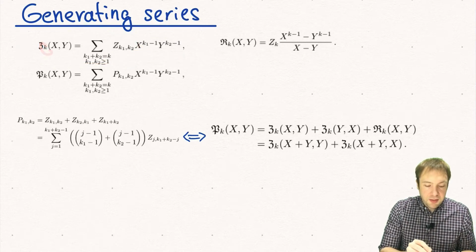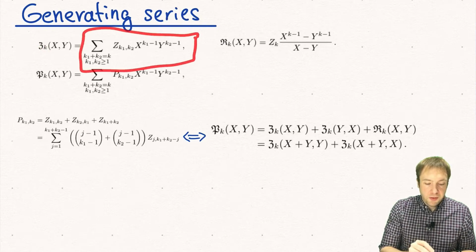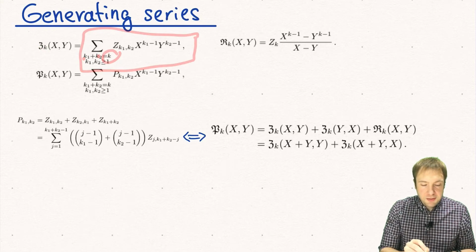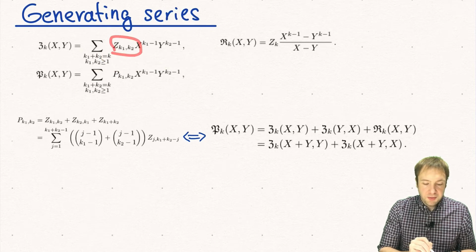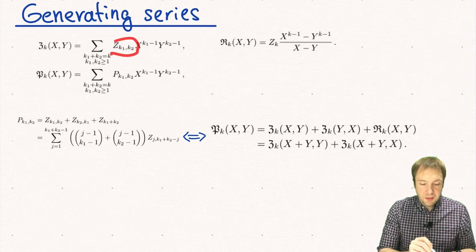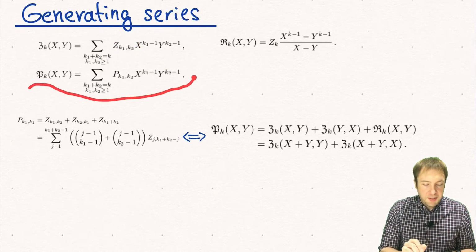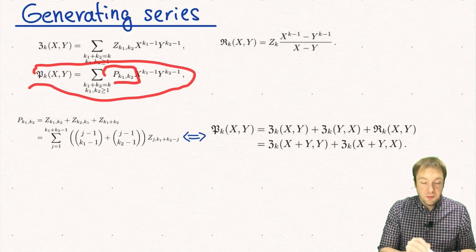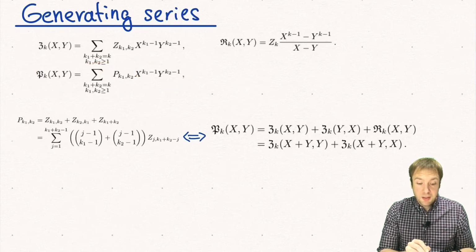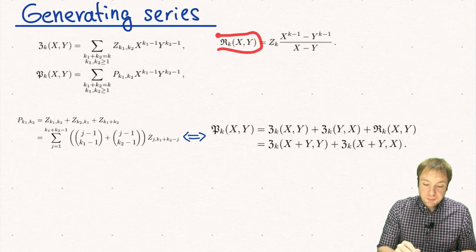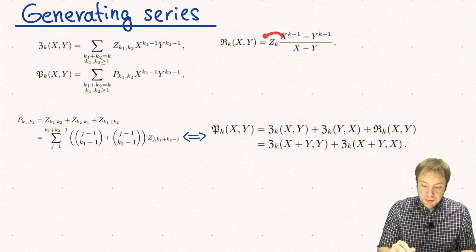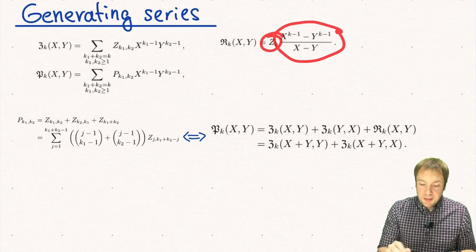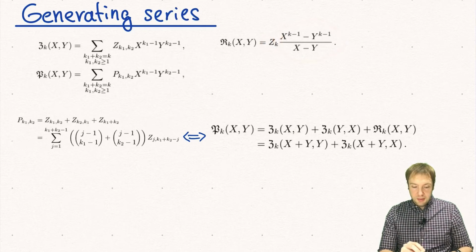For fixed weight k, we take the sum over all k1 and k2 which add up to k, and then consider the generating series of this symbol Zk1, k2. Then this Pk is the generating series of these symbols Pk1, k2, and this Rk is given by this symbol Zk times this polynomial here.